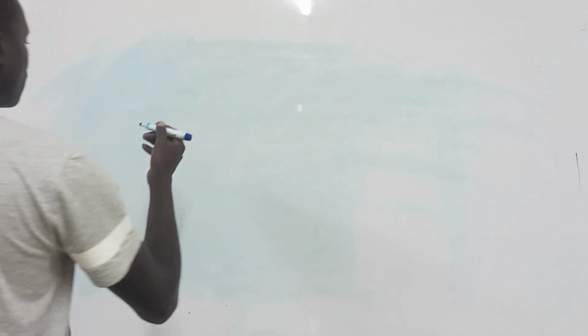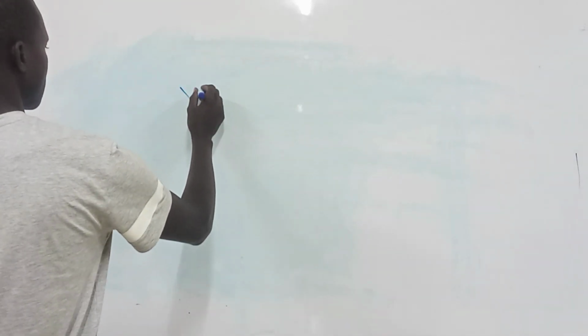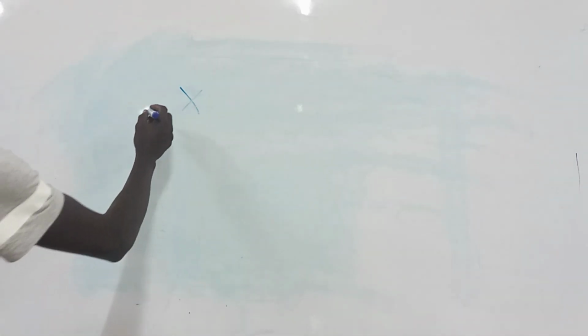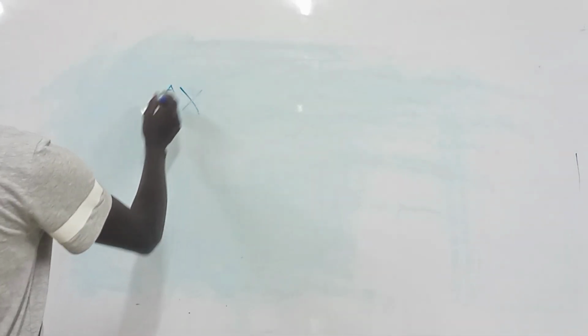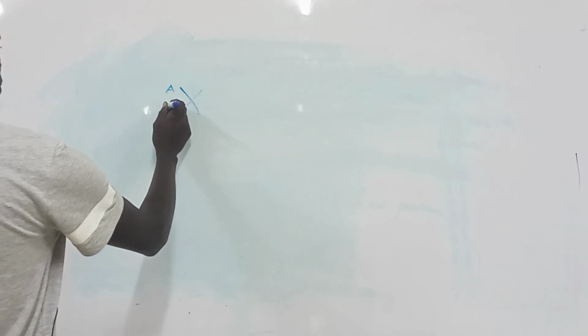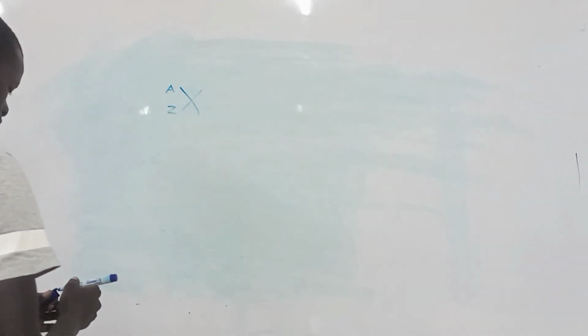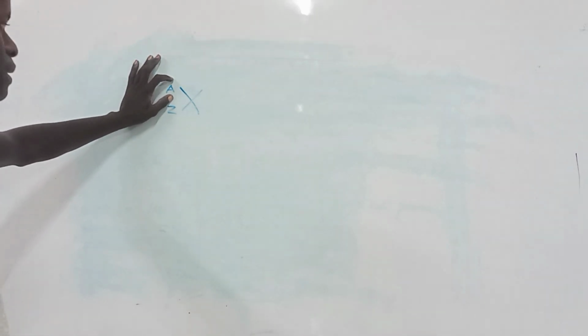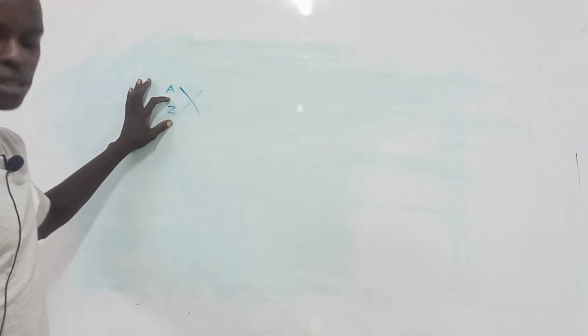We have the symbol X. Our mass number A becomes the superscript, and then the atomic number becomes the subscript. That's how we write the symbol of an element with mass number and atomic number: mass number as a superscript and atomic number as a subscript.